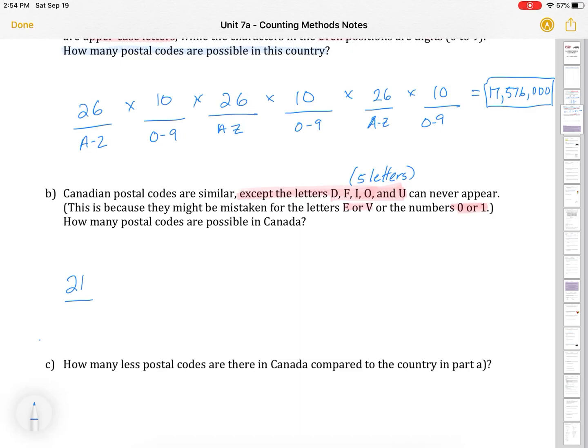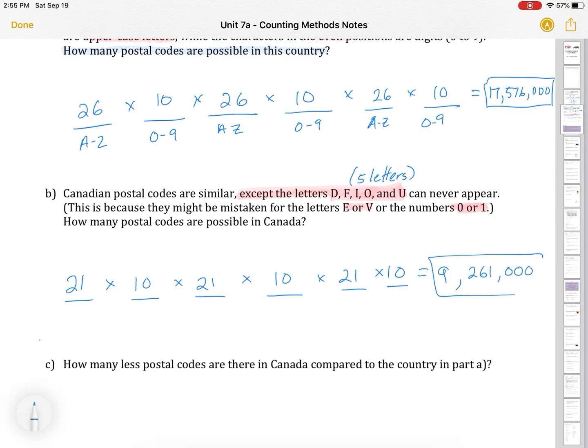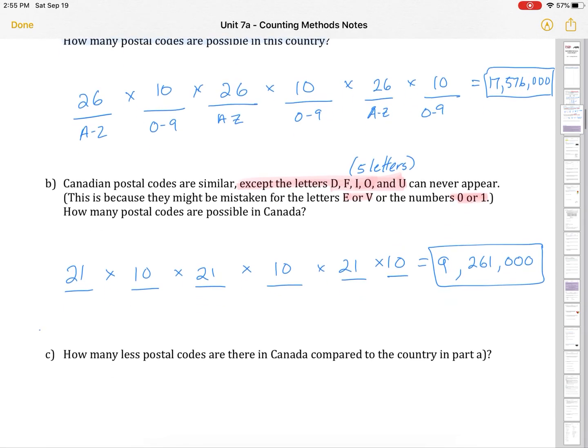So in Canada, when we're looking at these 6 positions, that means we only have 21 letters that we're using. We still have 10 digits, 21 letters, 10 digits, 21 letters, and 10 digits. And that gets us a resulting 9,261,000 choices. We're still good for lots of postal codes. Okay?